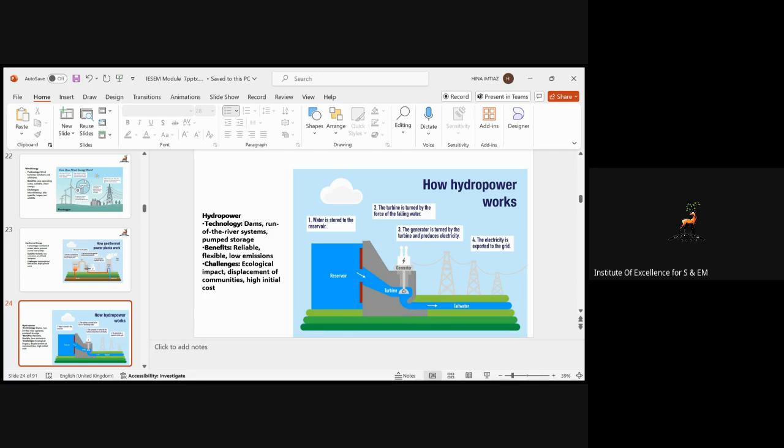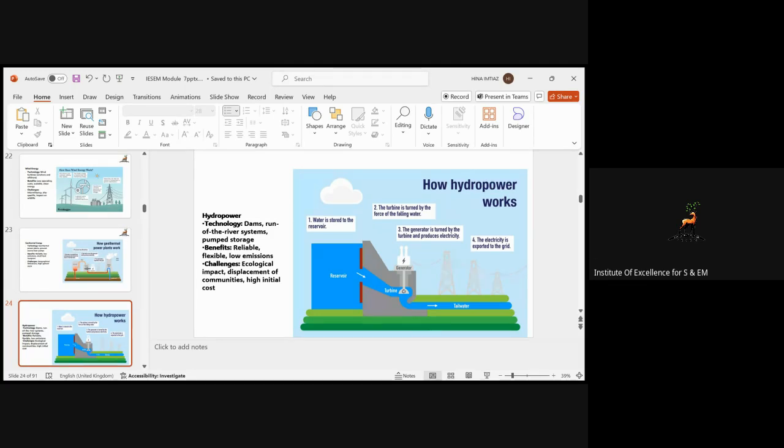So hydropower is very popular in different countries because they are using different types of hydroelectric storage systems, where water is pumped from a water source up to a storage reservoir at a higher elevation. The water is released from the upper reservoir to power the hydro turbines located below the reservoir.